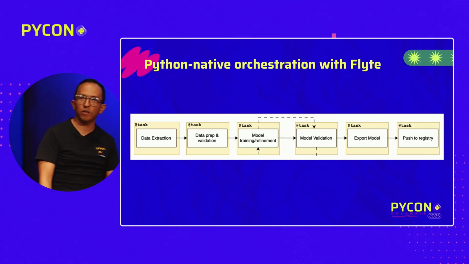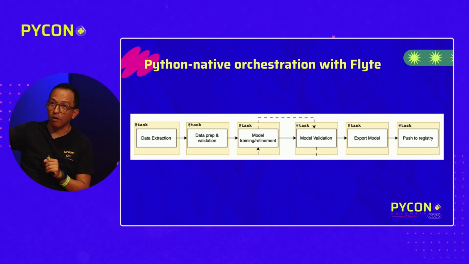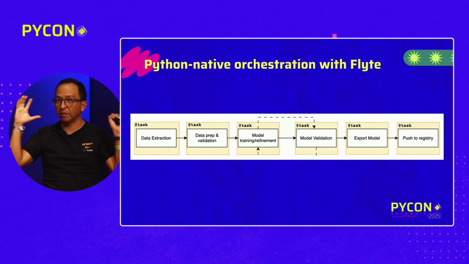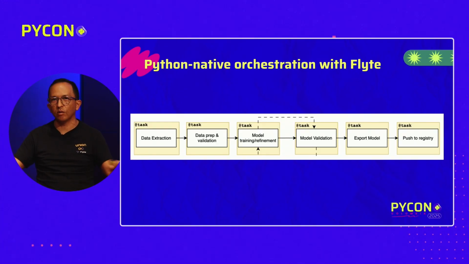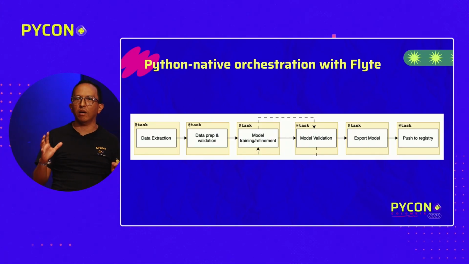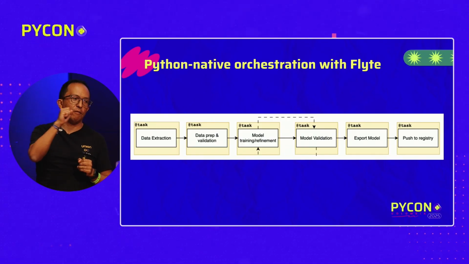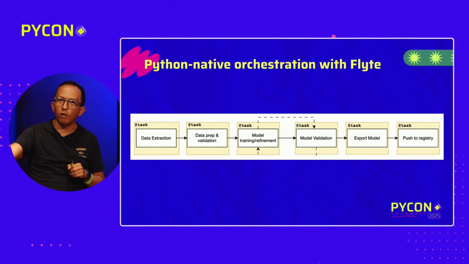Well, probably it's not shown there, but Flight automatically connects with an S3 bucket, an object storage bucket, wherever you have it. It can be AWS, Azure, Google, your home server, wherever you have an S3 compliant bucket, it connects with Flight, and Flight will store your outputs there in a durable fashion.